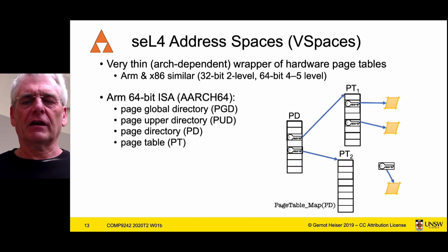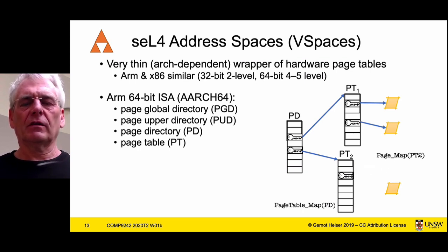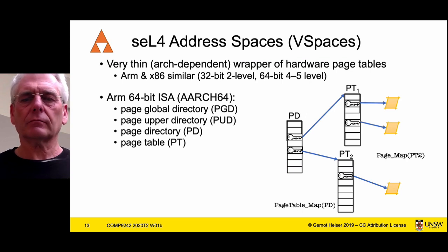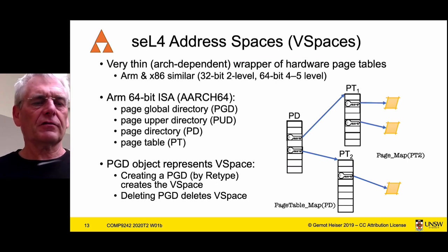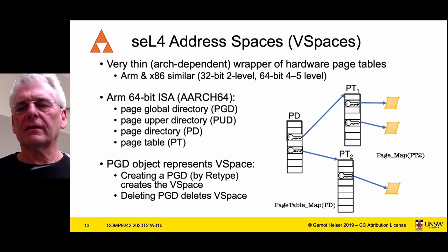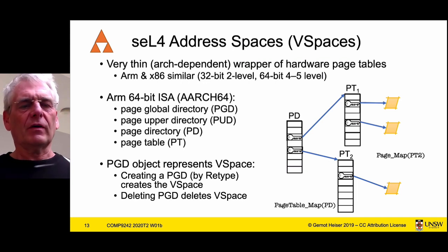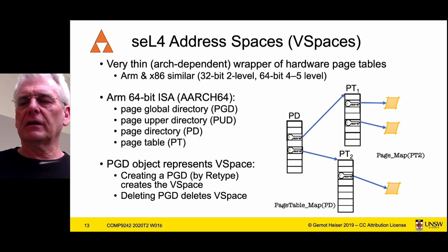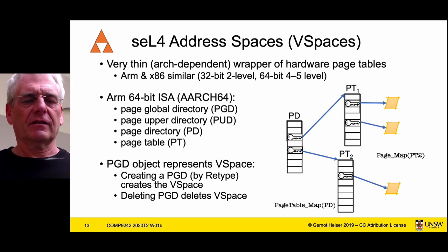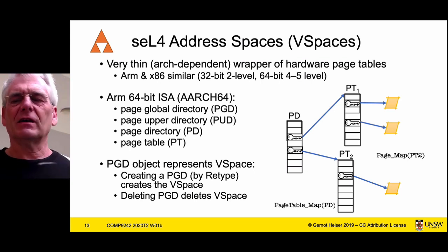Similarly, if we have a frame capability, then we can map that into a page table by saying page map, and then we have the new mapping. As I said, the top level page directory is what represents the vSpace, and by creating, in this case, the page global directory, you create a vSpace. And deleting it deletes the vSpace. The vSpace is the PGD.